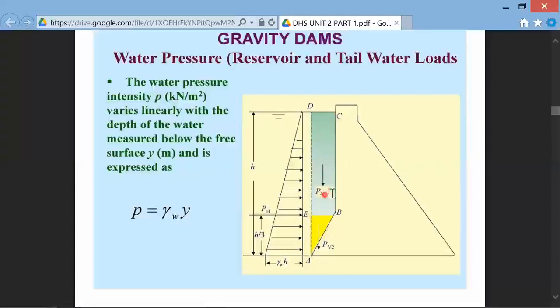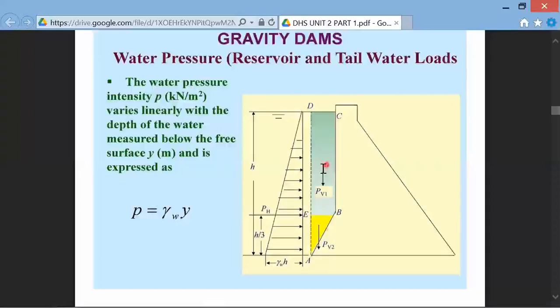So PV1 and PV2, two things are there, and this is a small amount. You can calculate it by using the triangle formula and rectangle formula. Later on, you can calculate it. If someone asks you in the numerical, then only calculate it. If someone doesn't ask you, then you need not calculate it.